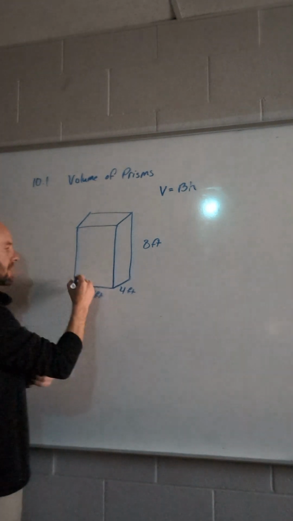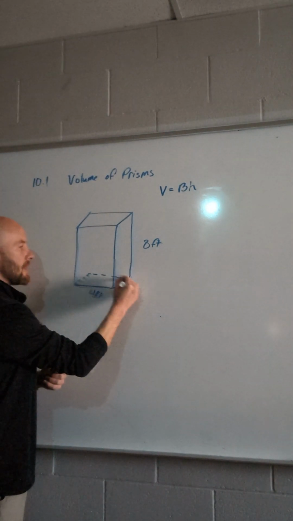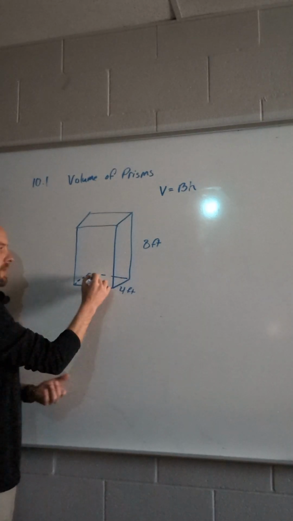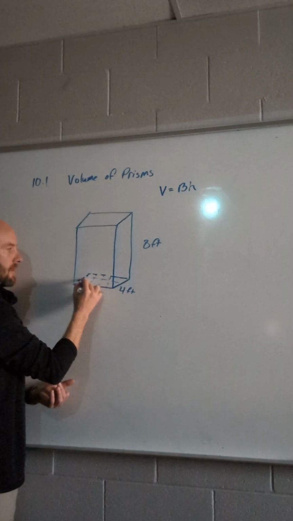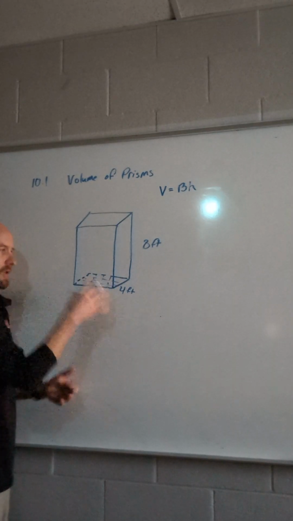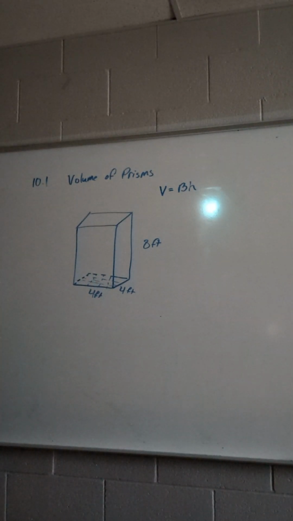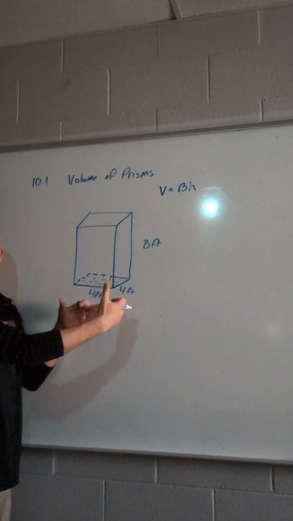So does it make sense that I would do the area of the base, which would be how many square feet would be in that base? Isn't it 4 times 4? Yeah, 4 times 4. There'd be 16 square feet there.